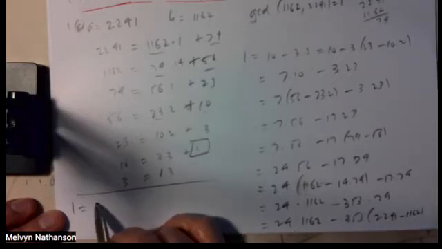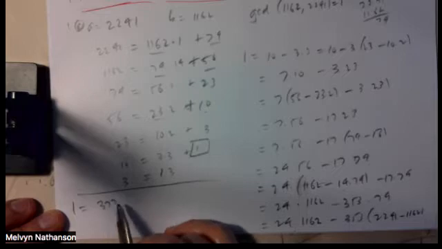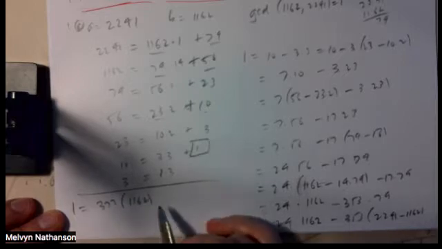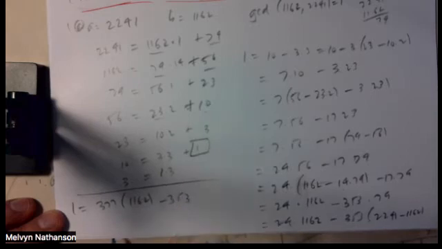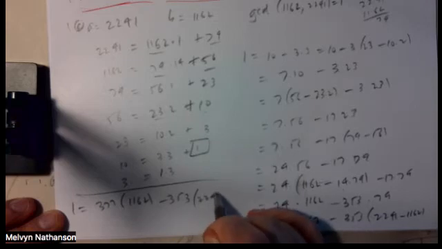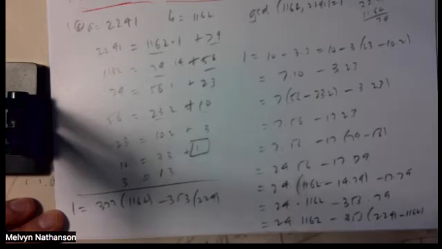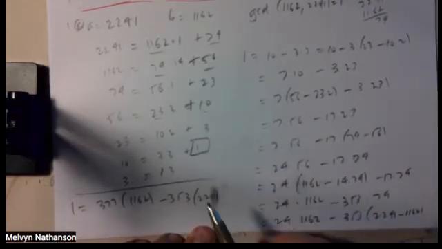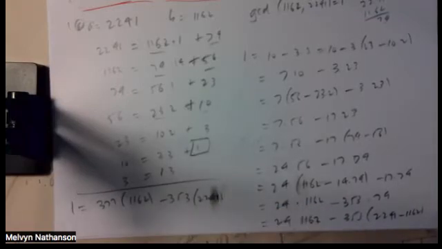That's 377 times 1162 minus 353 times 2241. And I can tell just by looking that there's some mistake that can't possibly be right. The numbers just don't add up properly.